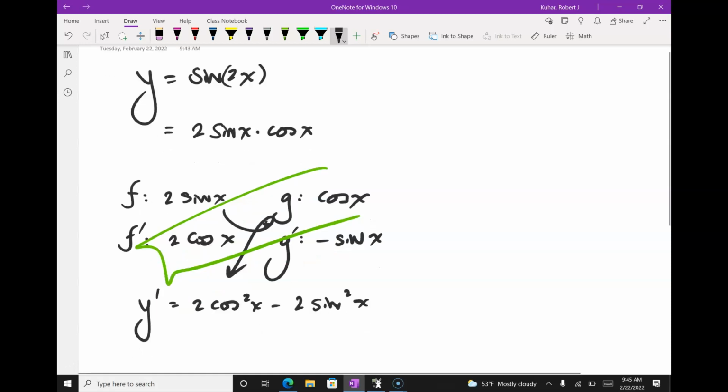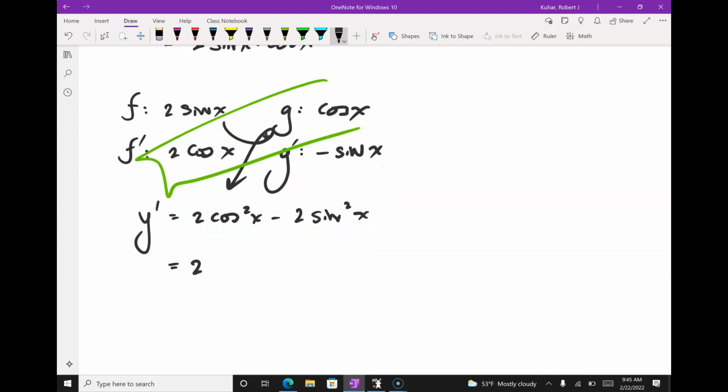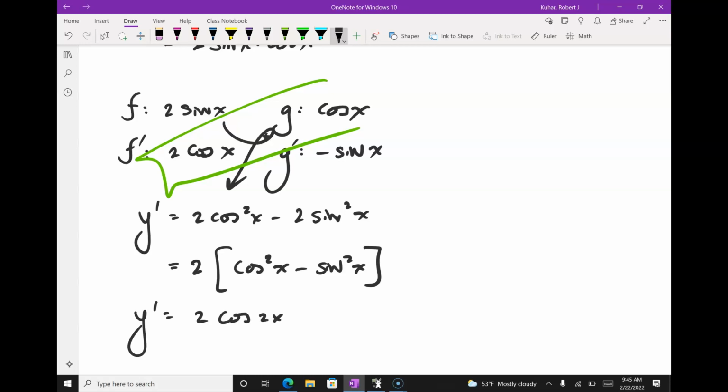I can factor out the 2, and then I should see an identity. So y prime is 2 times cos of 2x. Yes, we're okay?